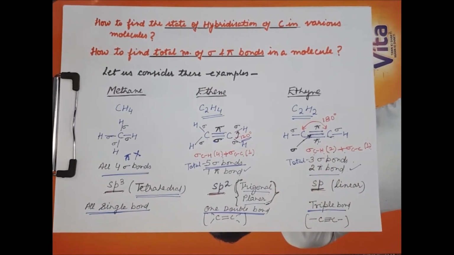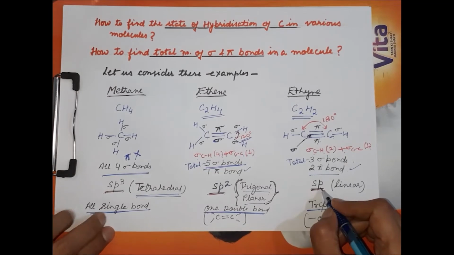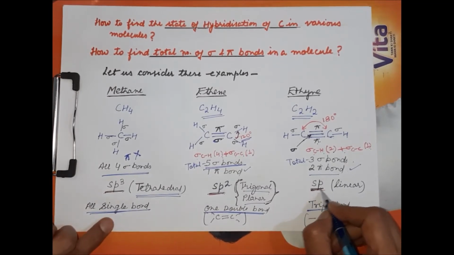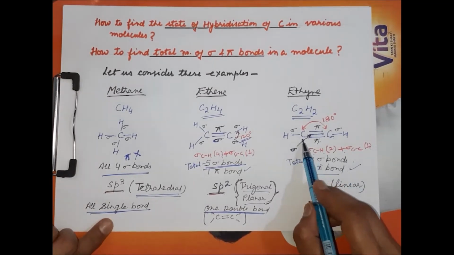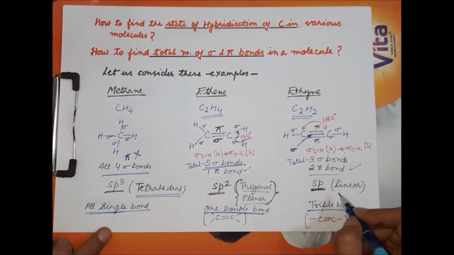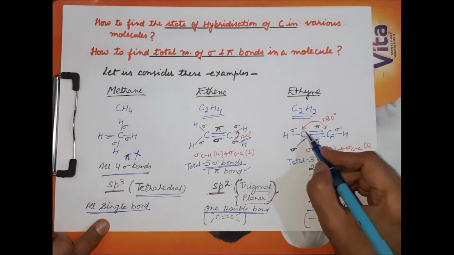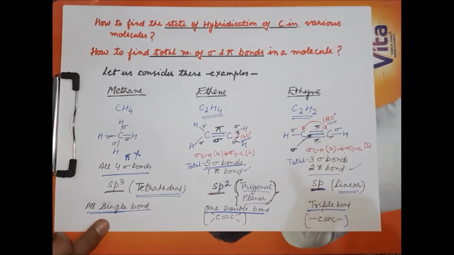In all such cases where carbon has 1 triple bond, the hybridized state of carbon is sp. So here both these carbons are in sp hybridized state, the shape of this molecule will be linear, and this angle is 180 degrees.